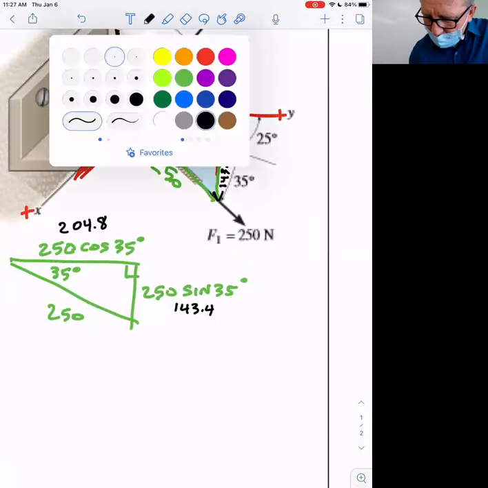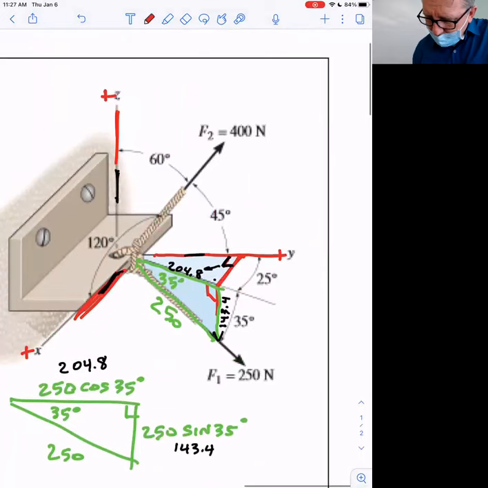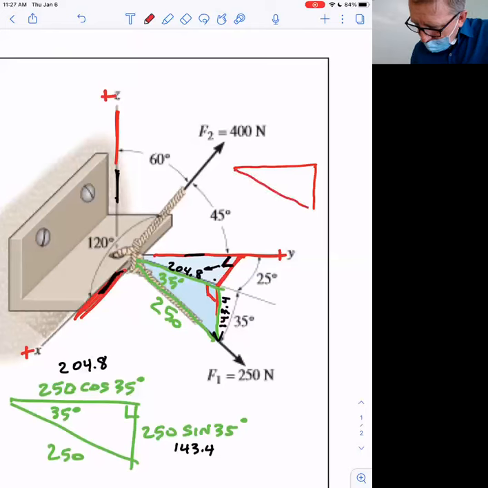So I think I'll squeeze that in over here. If I redrew that red triangle over here, where this is the 204.8, looking straight down from above. And again, notice I know that that's 25 degrees.